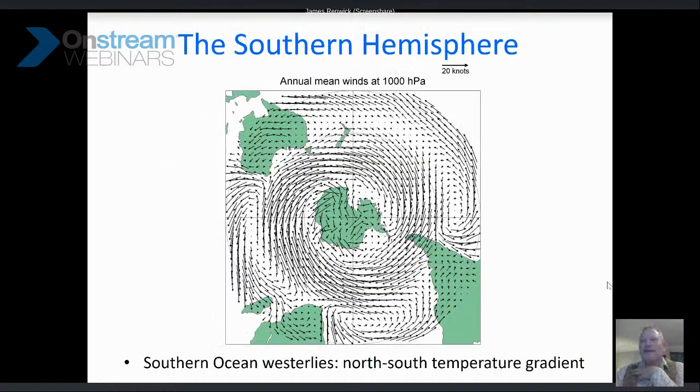So just to begin, and coming from an atmospheric point of view, starting off with a view of the Southern Hemisphere with the winds near the surface of the Earth shown in this map. We can see Antarctica over the South Pole, and then there's a lack of land between about 65 south and 50 south.